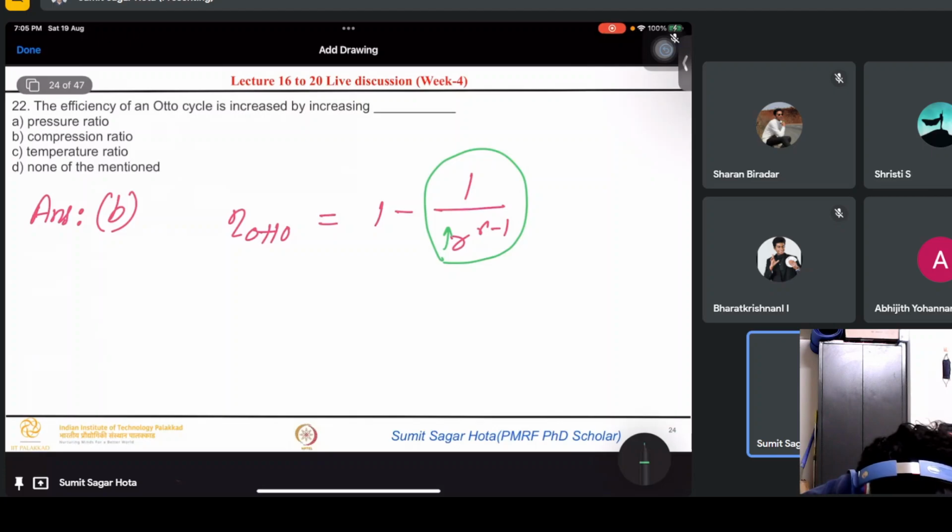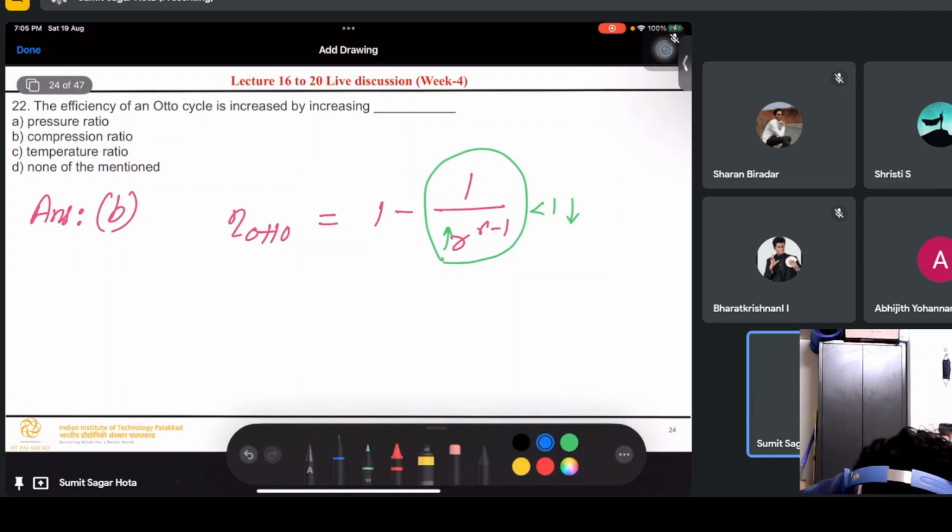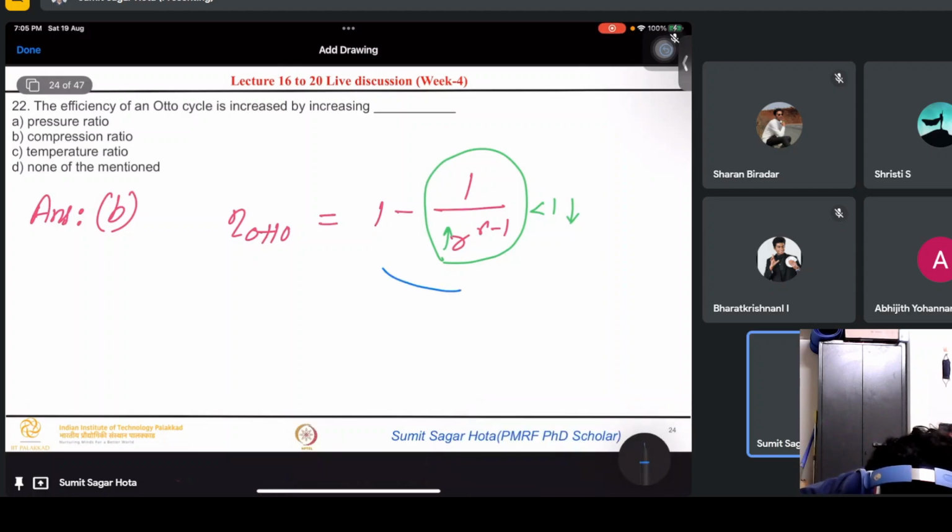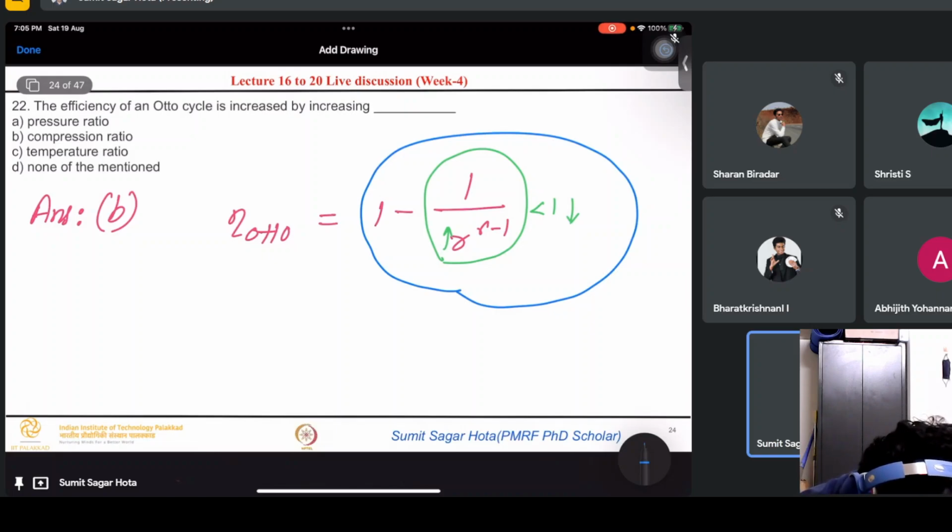Because if the denominator increases, then this 1 by something, if the denominator is increasing, this whole quantity, here I put this green circle, will decrease, and it is also less than 1, yes or no? So this thing is less than 1 as well as decreasing continuously. If 1 minus something is decreasing every time, what about this whole value?